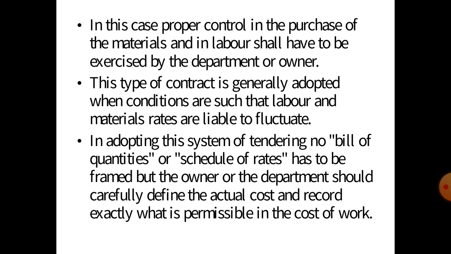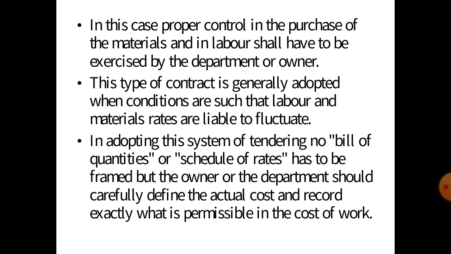Now in this case, proper control in the purchase of the material and of the labor shall have to be exercised by the department or owner. So this type of contract is generally adopted when the conditions are such that labor and material rates are liable to fluctuate.